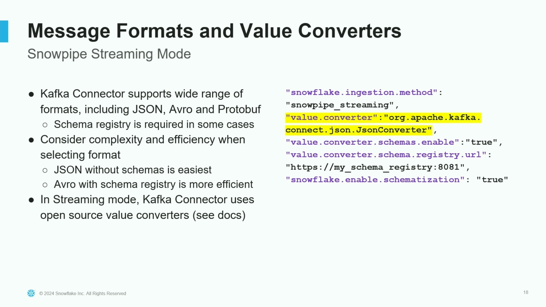With the switch to Snowpipe streaming, we've moved towards using community value converters, so you would be using the org.apache ones. And as Brad mentioned, messages in Kafka can have schemas or not. Typically when you're getting started, schemaless JSON can be the easiest. Avro with the schema registry can be faster. So there are trade-offs there.